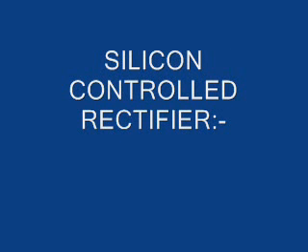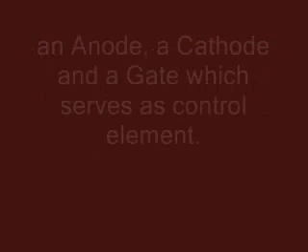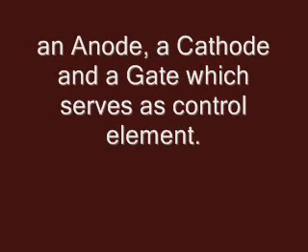Silicon controlled rectifier, SCR. The silicon controlled rectifier, SCR, is a 4-layer NPNP solid state rectifier which has 3 electrodes, an anode, a cathode and a gate, which serves as control element.